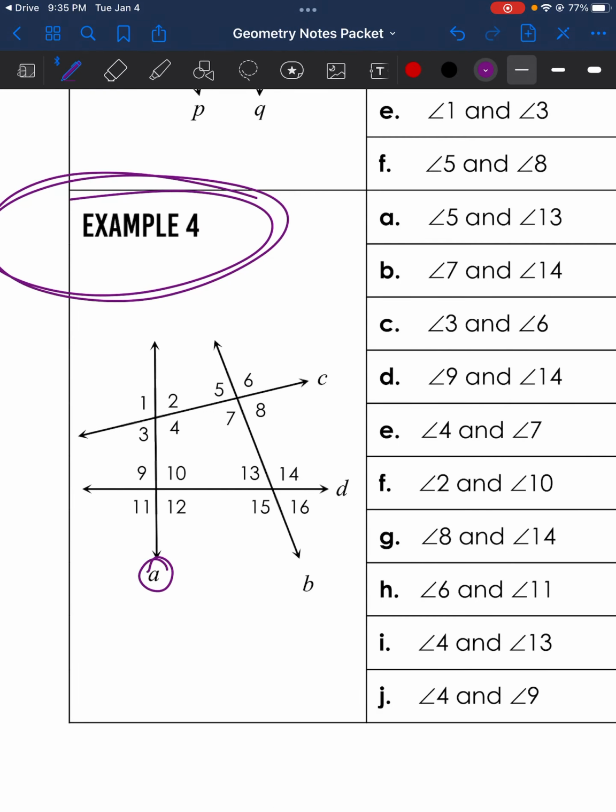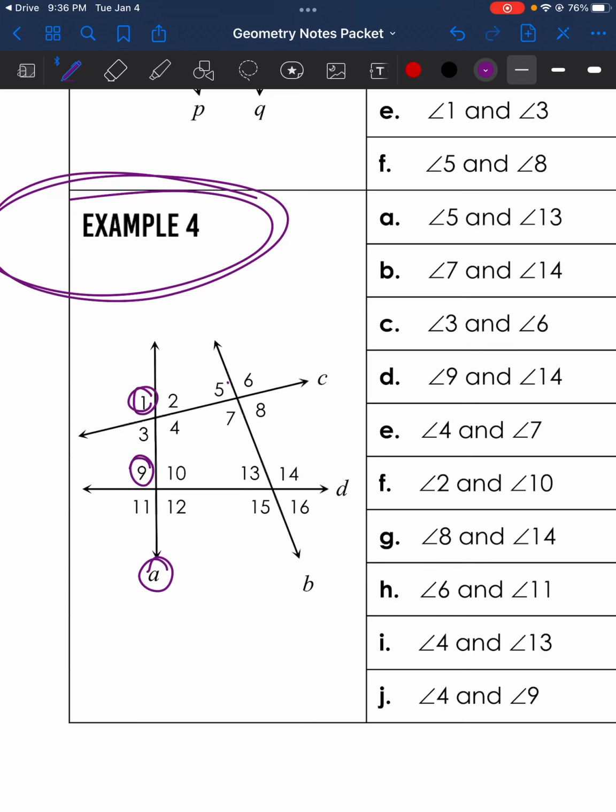We have this line A cutting across these two lines here, makes it a transversal. And we also have this line B cutting across these two lines. But everything still stands. All of our angle pairs are still what we talked about. We have corresponding angles that are in the same spot.